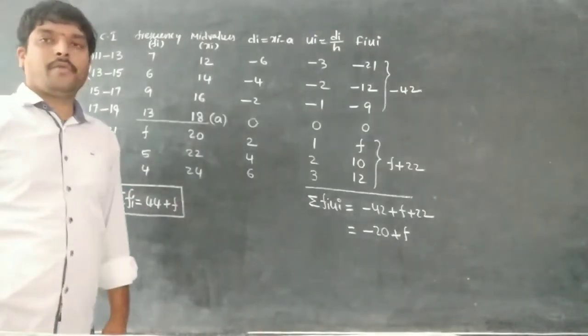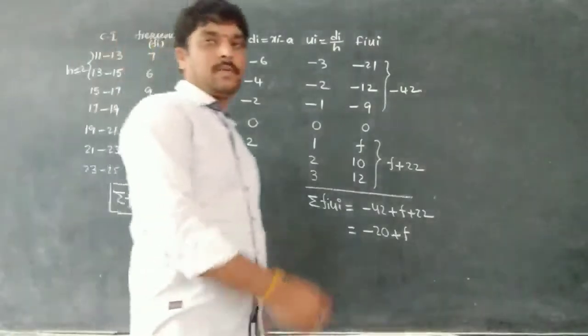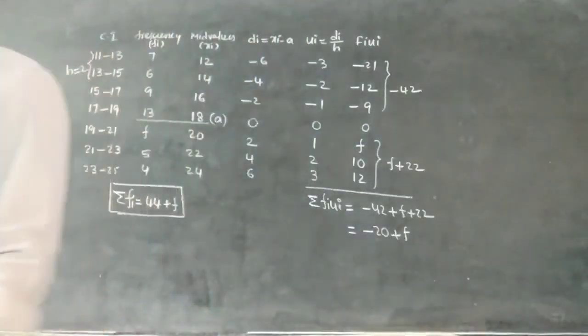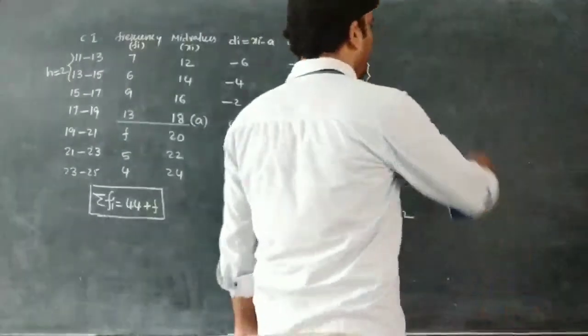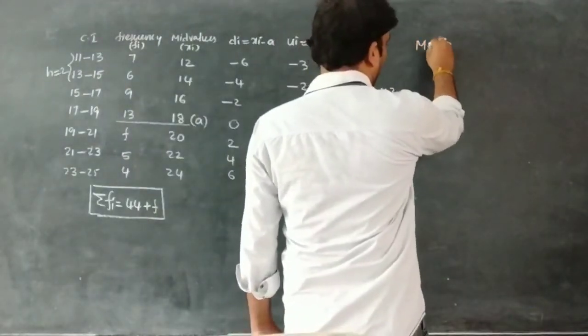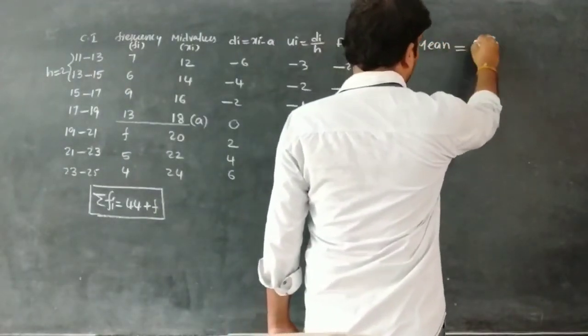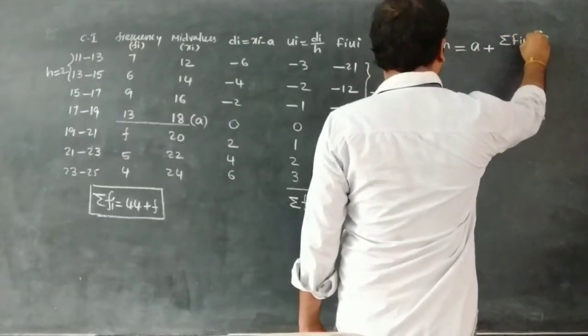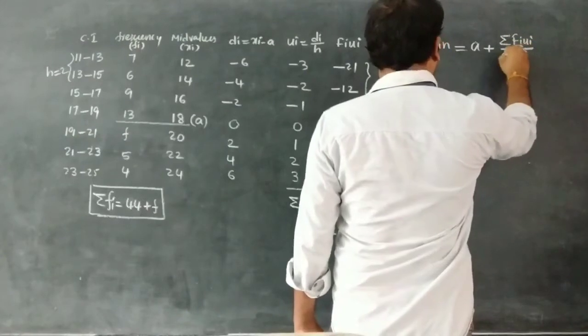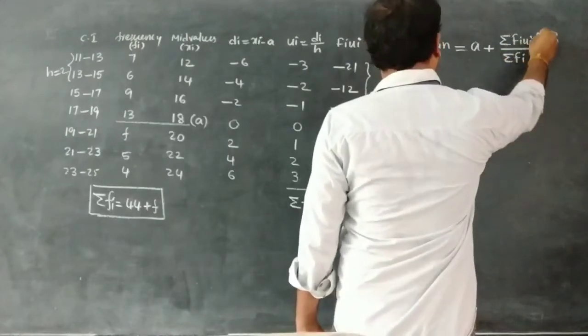Okay, now the formula by step deviation method. Now we are using step deviation. Mean is equal to a plus sigma fi ui by sigma fi into h.